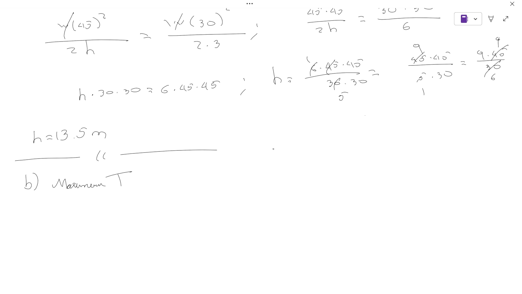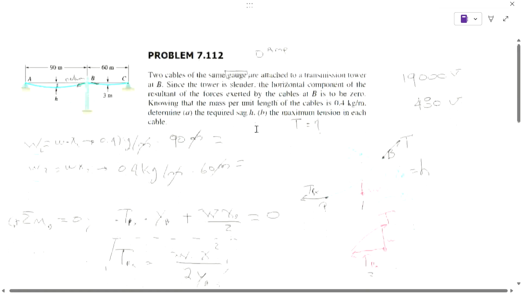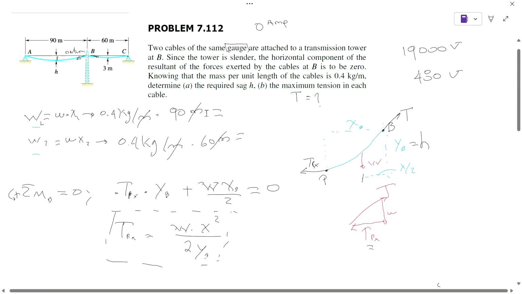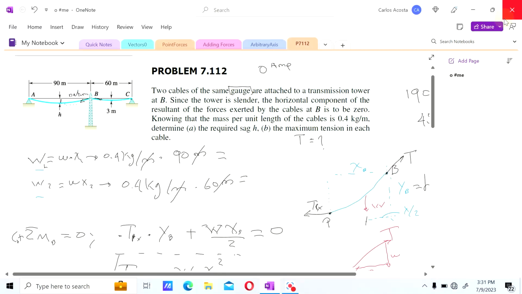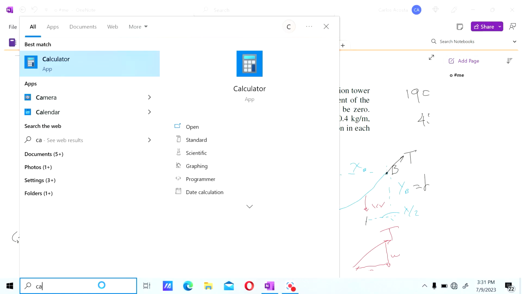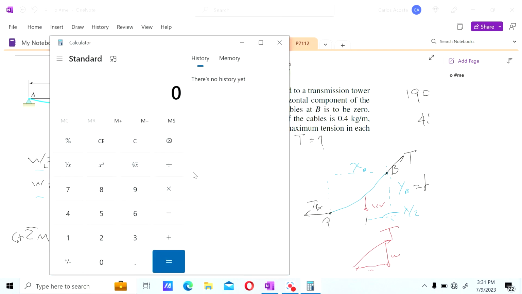So we know that in that case, we need to do this computation after all. So what is this number? 0.4 times 90 equals 36.